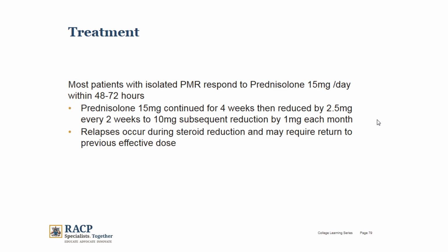Typically, prednisolone 15 milligrams is continued for about 4 weeks and then reduced by 2.5 milligrams every 2 weeks until the dose is 10 milligrams per day. This is subsequently reduced by 1 milligram each month. Relapses occur during steroid reduction and may require a return to the previous effective dose.